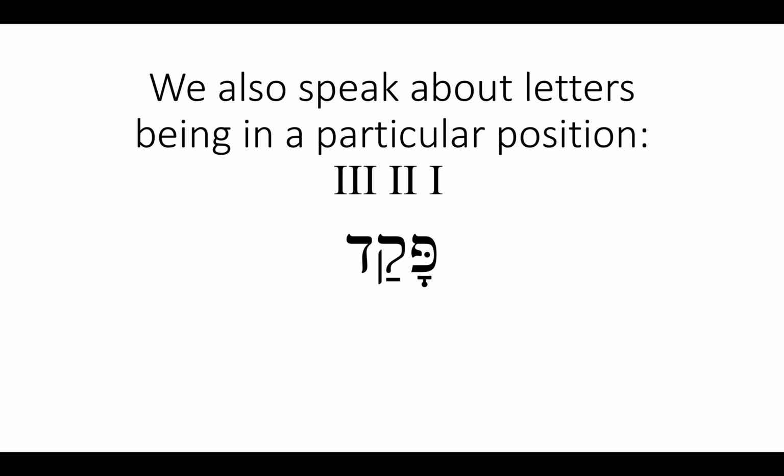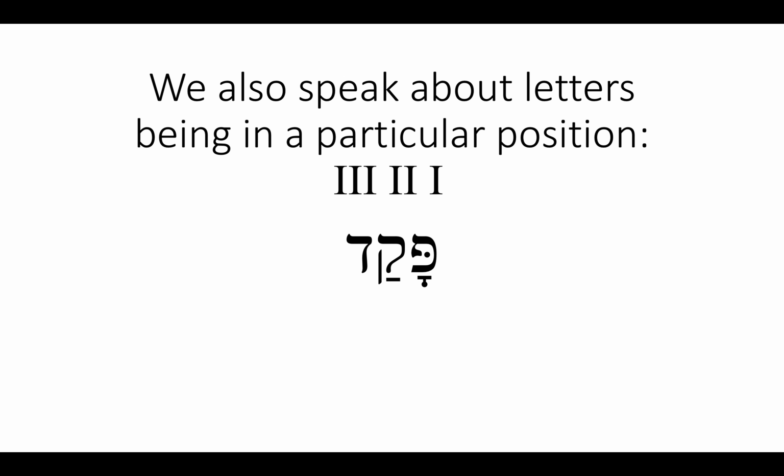Sometimes you'll hear me or other authors' books talk about pey being in first position. They'll say first pey. That means roots that begin with pey. Sometimes you would see second, like the kof letter. Instead of being second kof, they might say middle kof.